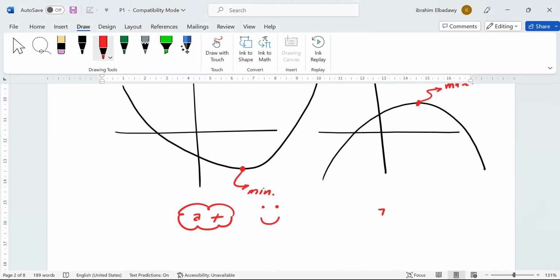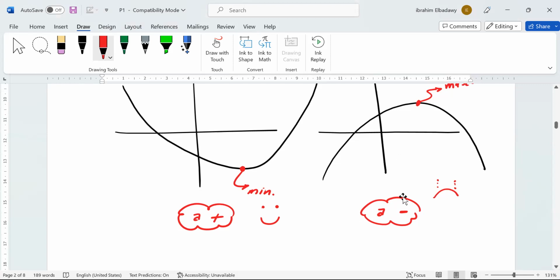But what if a, the coefficient of x squared, is negative? Then you have a sad face. The thing you have to think about, smile face or sad face, is to make sure you get the equation in the right way. If you have a smile face, you should have a minimum point. If you have a sad face, you should have a maximum point.